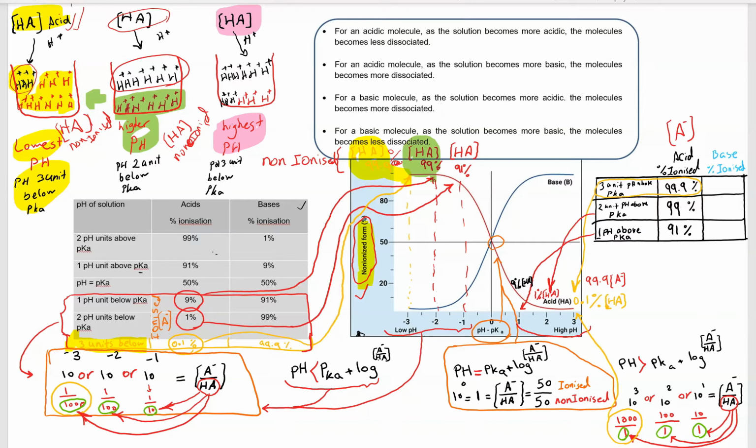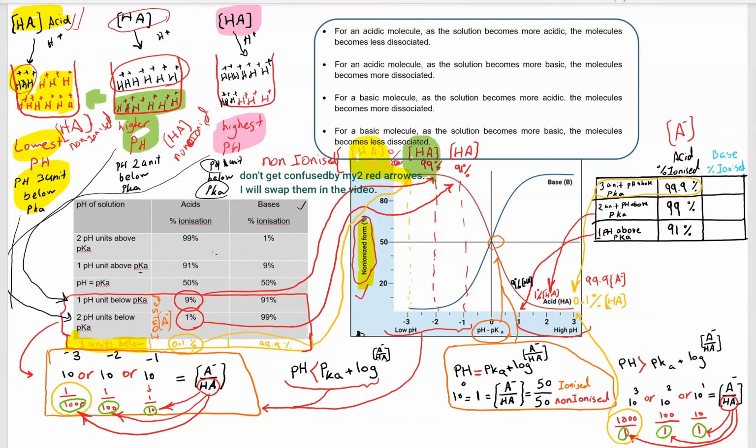Just a second. This should be 1 unit. 1 unit difference between the pKa and pH, and that's related to 1 unit. This is related to 2 units, and this one is related to 3 units. So for the last one, you put your acid in this solution, so it will dissociate a lot. So it will give a lot of hydrogen.